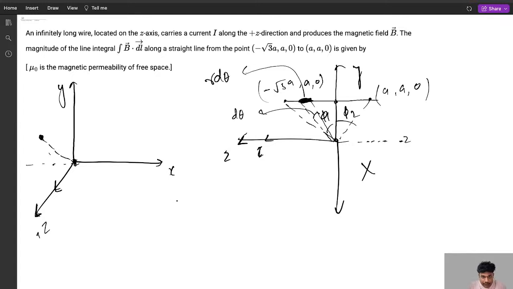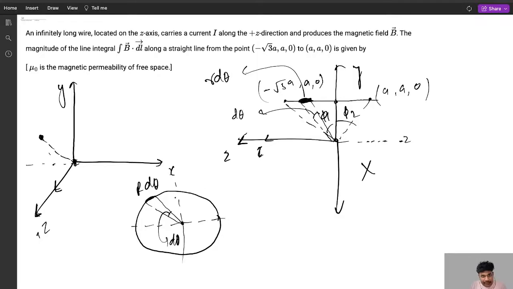If I take a distance r from the center, this is d theta. So what is this distance? This is r d theta.